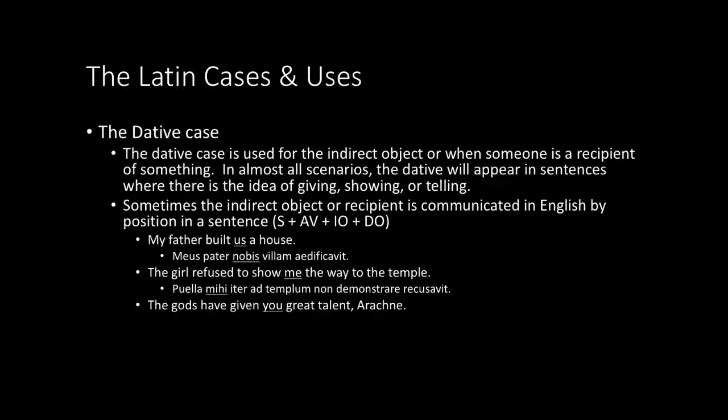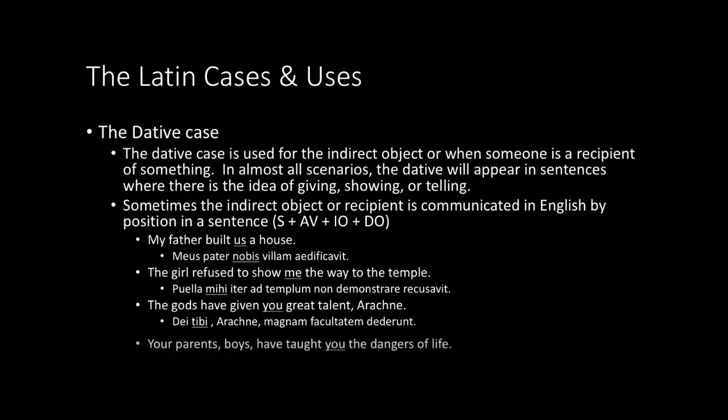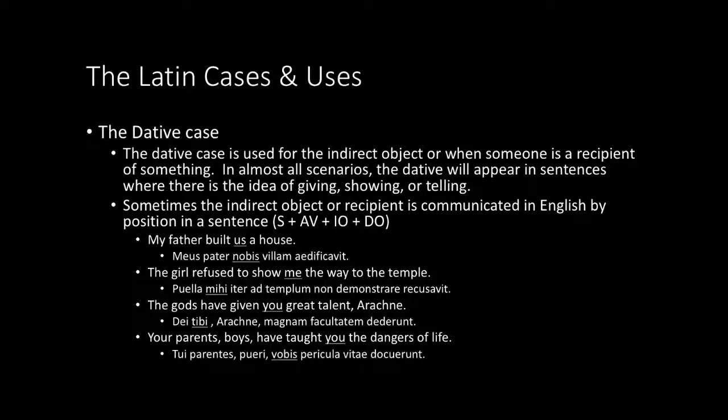In our third example, you is the indirect object. My Latin sentence will use tibi. And in the final example, you is also the indirect object, but it is plural, so I will use vobis.